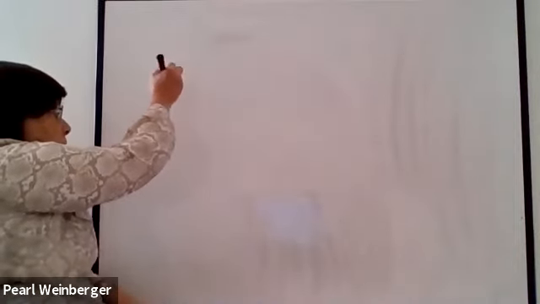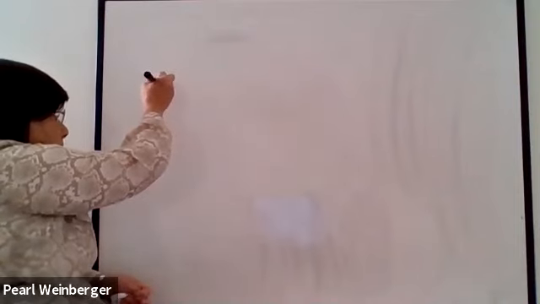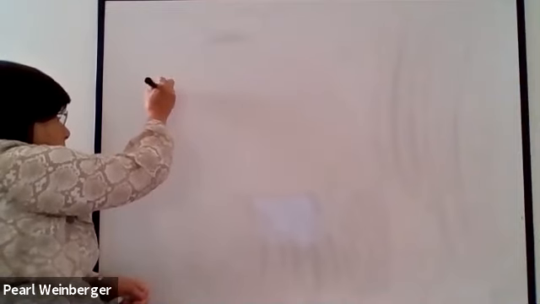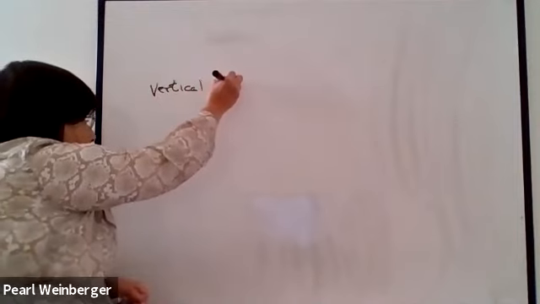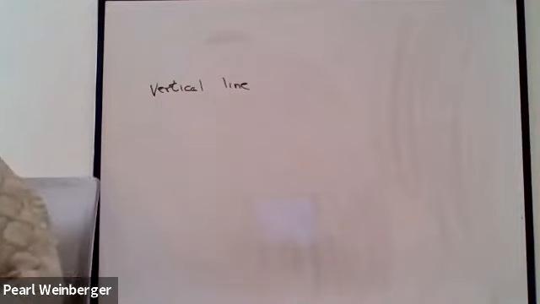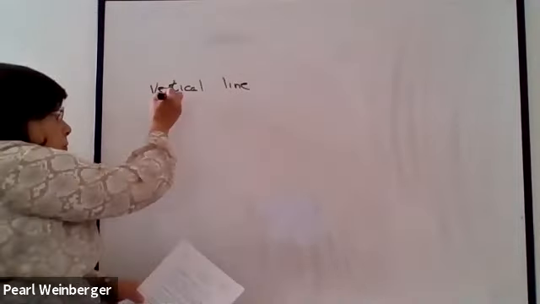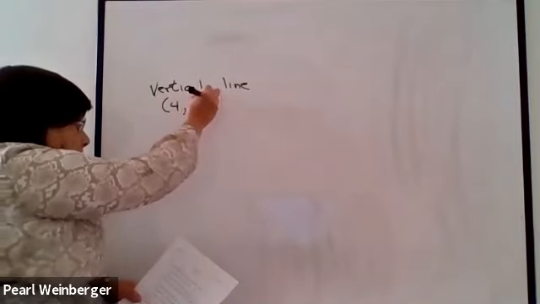What if I give you a question like, I want to find the equation of a vertical line that passes through the point (4, -5).